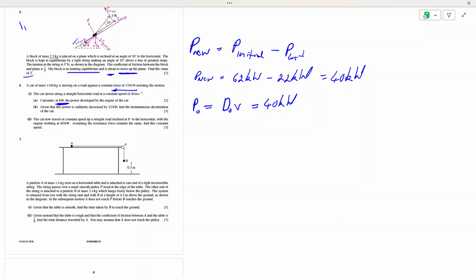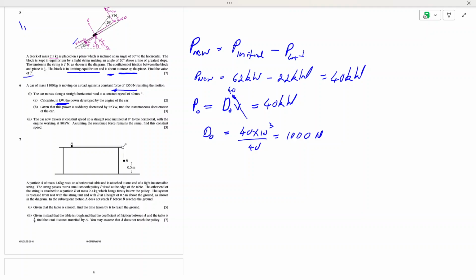So we need to find the new driving force. The new driving force is going to be equal to T. We know that the velocity doesn't change, it's going to be equal to 40. So this is going to be 40 times 10 to the 3 for the kilo, divided by 40. So it means the new driving force is now 1,000 newtons.